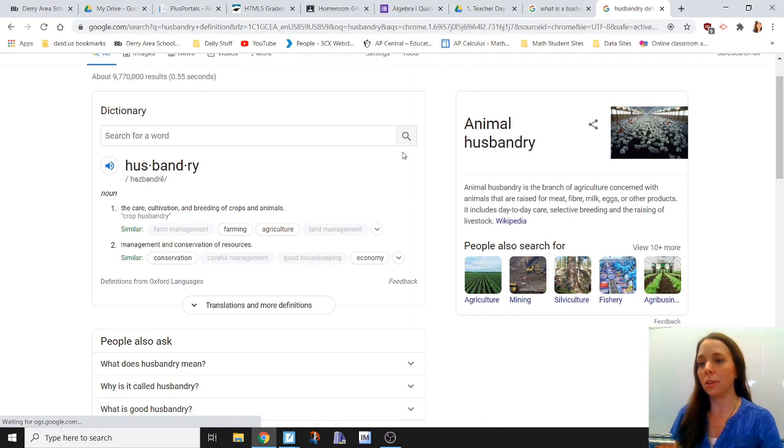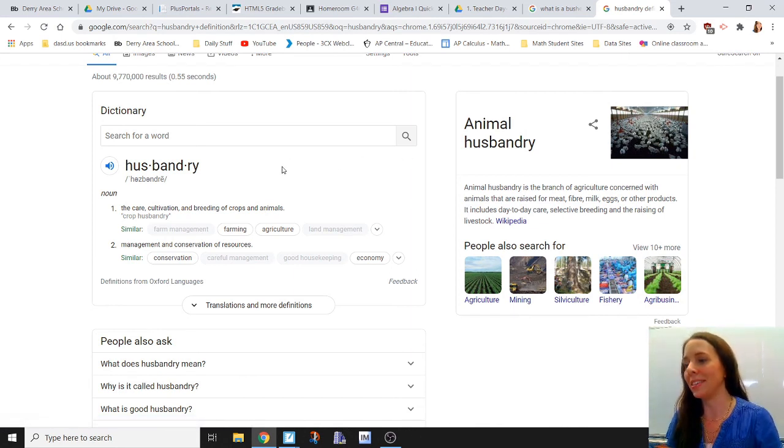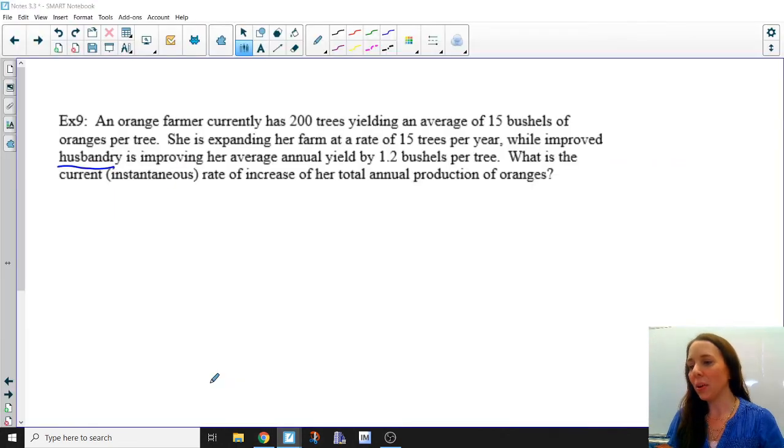Improved husbandry, improve the husband. No, that's not what it means. It means the care, cultivation, and breeding of crops and animals. That's what husbandry means. So she's improving the care of her farm, which means that her trees are doing better. They are improving their average annual yield by 1.2 bushels per tree.